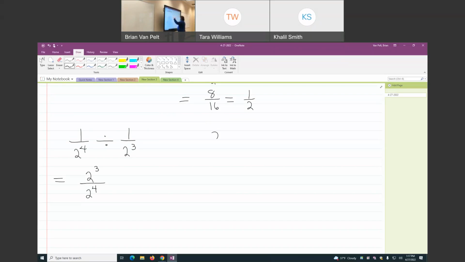Now check this out. According to the rule of exponents, we can break this up in the following way. Actually, let me be really specific up here. All this stuff is in the exponent, okay? This will end up being 2 to the 3 times 2 to the -4, won't it?